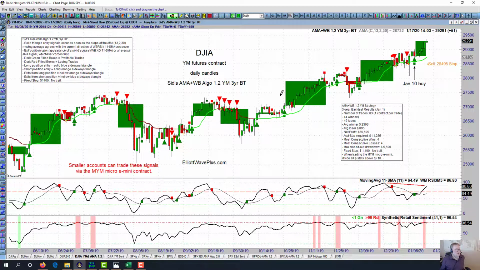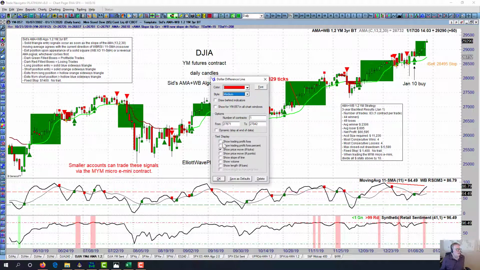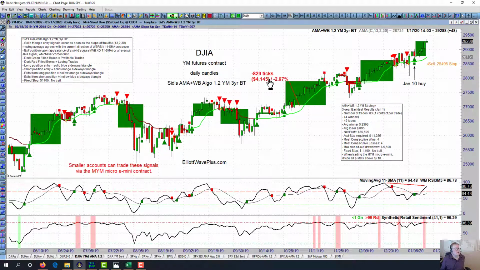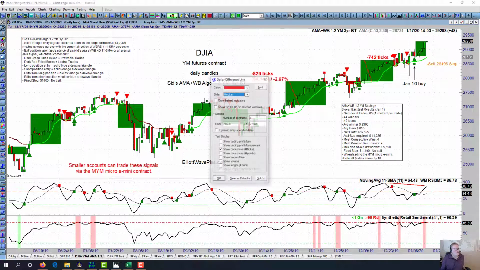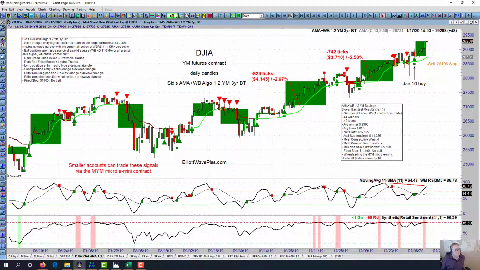For instance, this trade right here was approximately, in the YM contract, a $4,000 winner. This trade right here was approximately a $3,700 winner. I'll find a loss here.